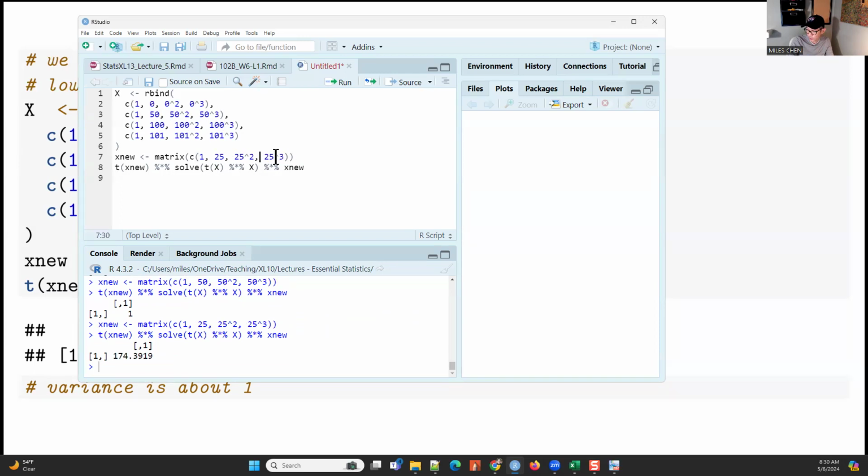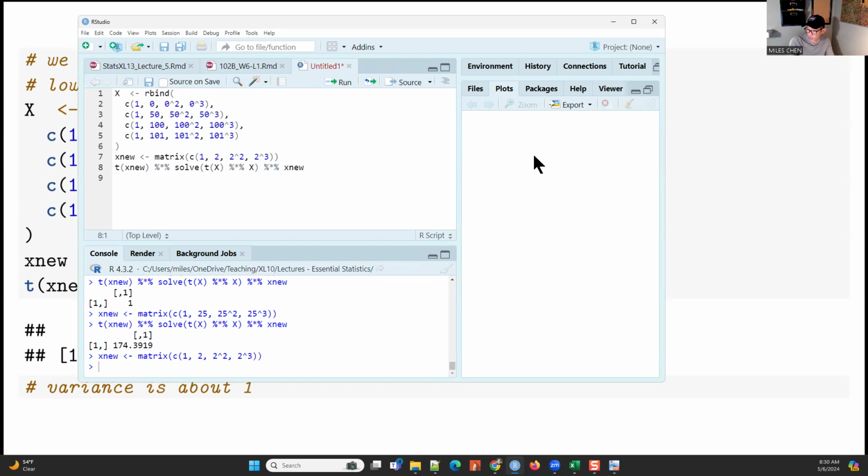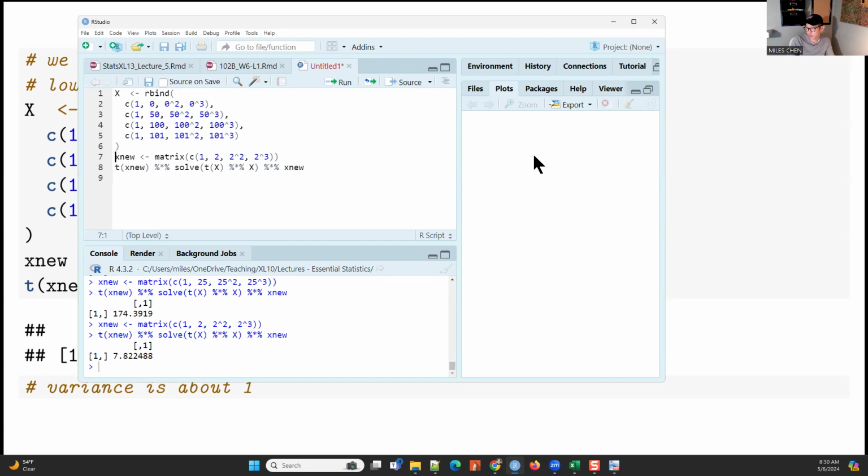As I get closer to observations that I've seen, so I've seen observations 0, 50, 100, 101, let's try out 2. We get something moderate in between there, okay? 49 will be a little bit of variance.